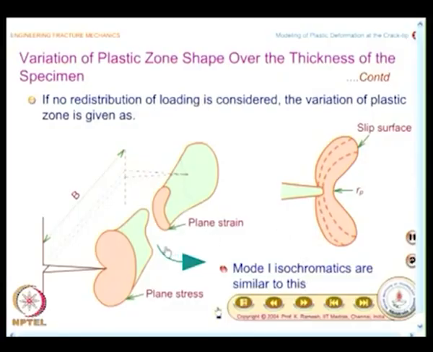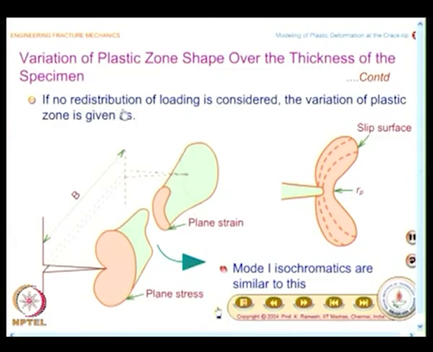So, this gives you an understanding that over the depth of the specimen, over the thickness of the specimen, the plastic zone varies, and we use the approximation that the surface behaves like a plane stress situation and the interior acts like a plane strain situation, and this is very similar to your mode 1 isochromatics.